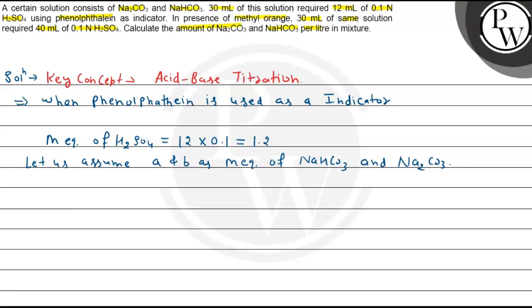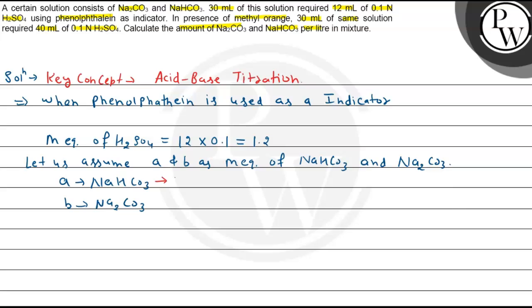Now in first case, when phenolphthalein is used as indicator, we can say that A is the mole of NaHCO3 and B is the mole of Na2CO3.